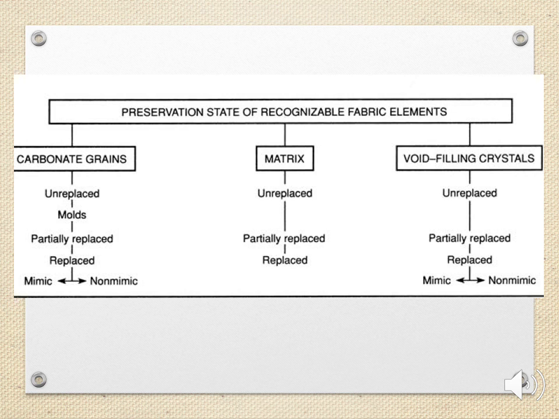They would start with aragonite or calcite mineralogies, and now they have dolomite mineralogies. Or you can have non-mimic, where the internal and external forms are not preserved.